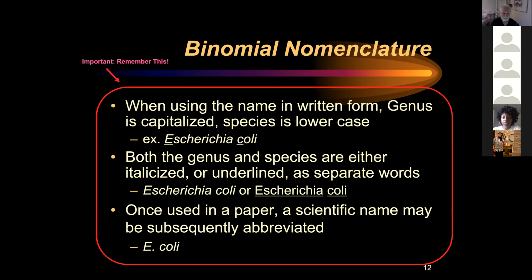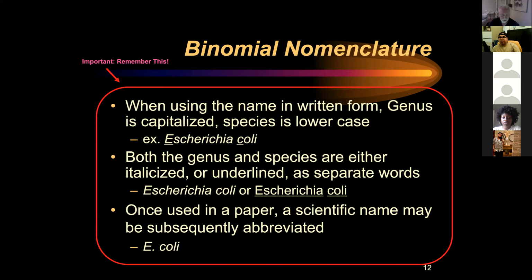It has to do with how you write the binomial. Genus is capitalized, the species is in lowercase. So if you take the example of the bacterium, Escherichia coli, you write that out. The first letter of Escherichia is capitalized, big E. The first letter of coli is not capitalized, it's lowercase.